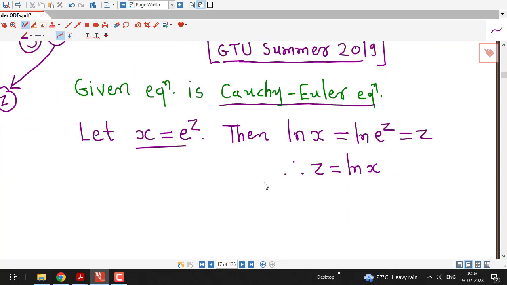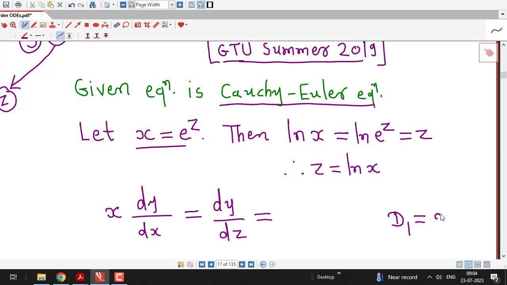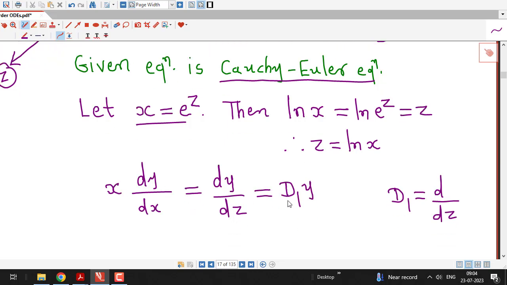And we have already discussed in earlier lectures that if we use this transformation, then x into dy by dx is going to be dy by dz, and if we use D1 symbol for this derivative with respect to z, then we can replace this by D1 y, that is x into dy by dx will be equal to D1 y, where D1 is the derivative with respect to z.